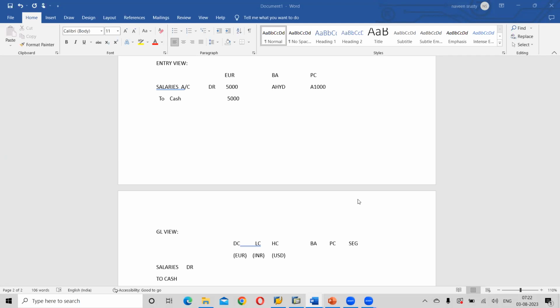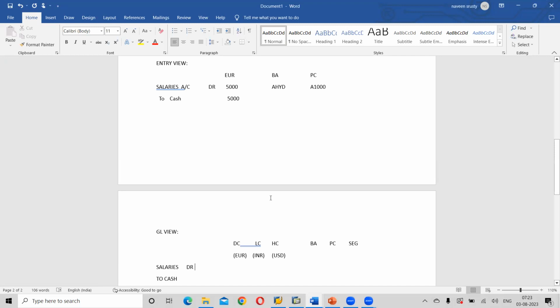So here in the entry view you can see how the accountant, the clerk, has entered the transaction. Salaries account is debited, in euro, with business area only on the debit line, and profit center on the debit line.